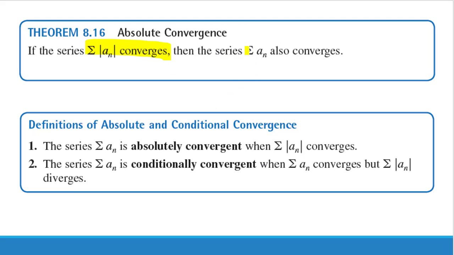So a series is said to be absolutely convergent when the absolute value of that series converges. And a series is said to be conditionally convergent when the absolute value diverges, but the original series converges.